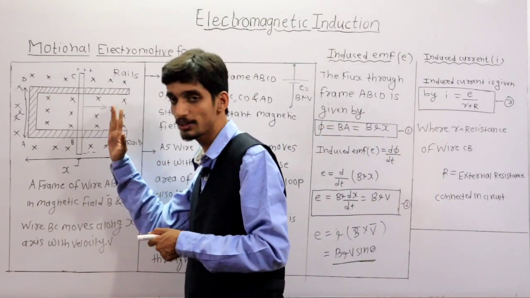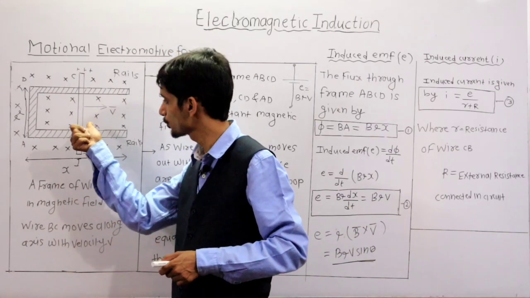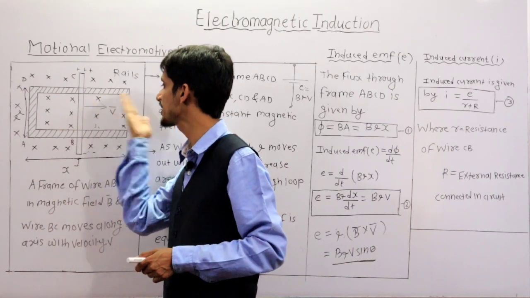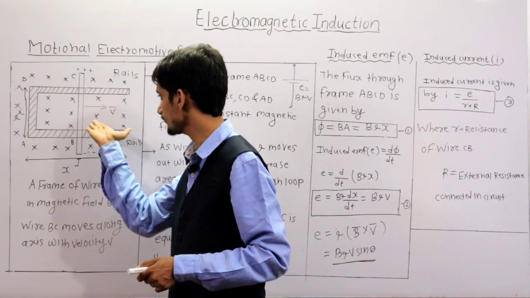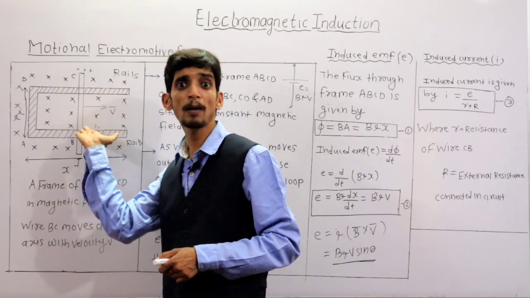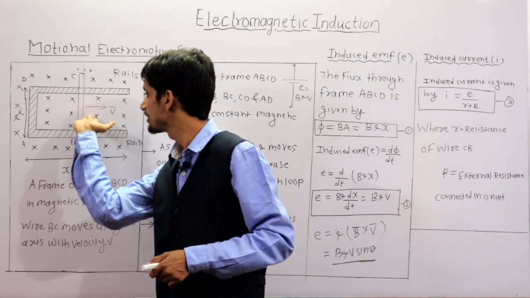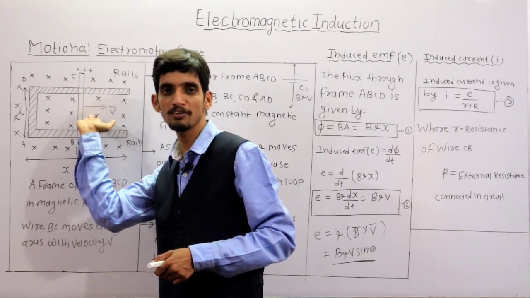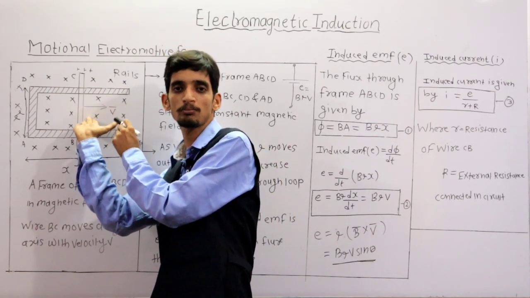If you observe carefully, this field is inward because it is a cross mark. So field is inwards, and velocity is in the right side. So what happens if you apply the right hand palm rule to find out the direction of induced EMF? Take the right hand in such a manner that the fingers point along the magnetic field which is inwards, and the thumb points along the velocity, the motion of the conductor.